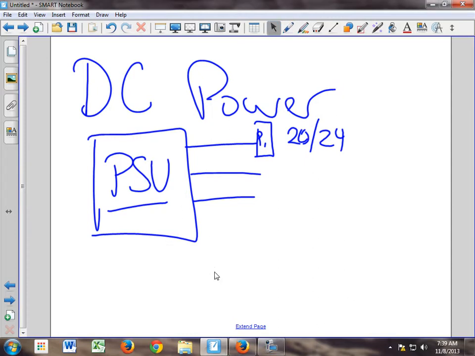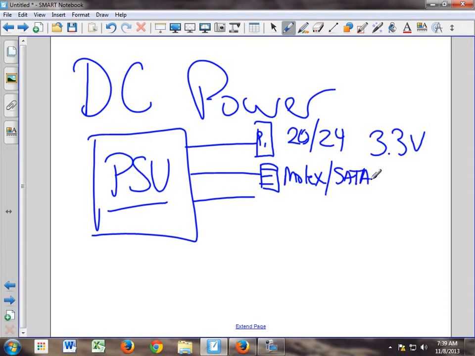Okay, it plugs into the motherboard. What's the voltage on that one? 3.3 volts. Okay? And then I've got all the other ones that are four connectors on there, and they can be the Molex ones, or they can be the SATA plugs, and that includes the P4 plug to the motherboard.